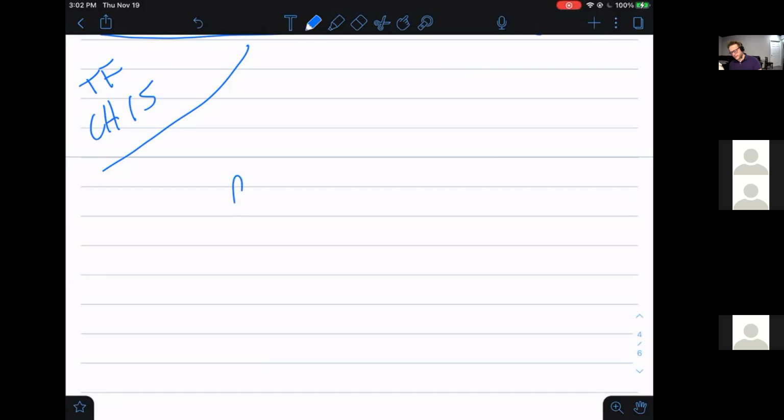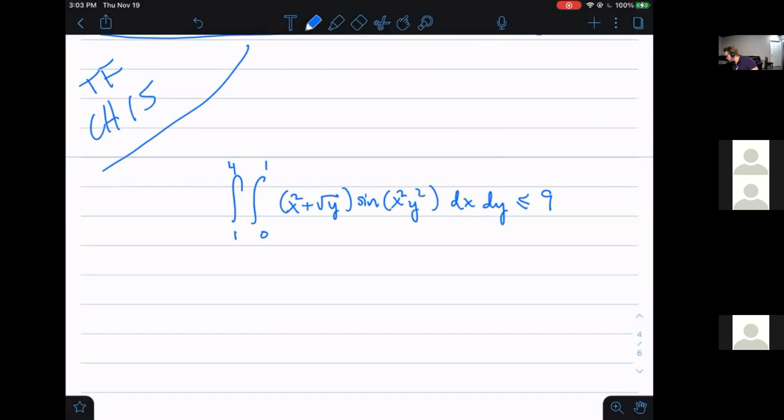It says that the double integral, 1 to 4 and 0 to 1, of x squared plus square root of y times sine of x squared y squared dx dy is less than or equal to 9.